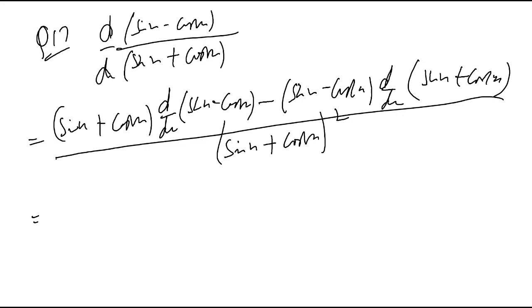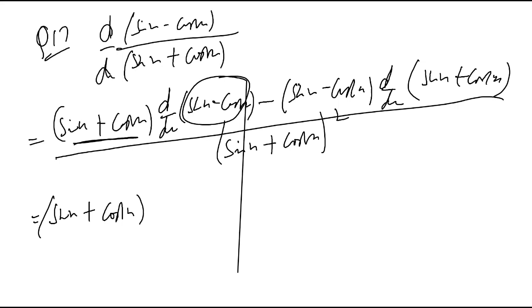Now, the first part will remain as it is. This will give you sin x plus cos x. And here, sin x minus cos x, differentiate it. Now it will give you what? Sin x will give you cos x, and cos x gives minus sin x. This minus minus will become plus, so it will give you plus sin x. Now sin x minus cos x will come as it is.